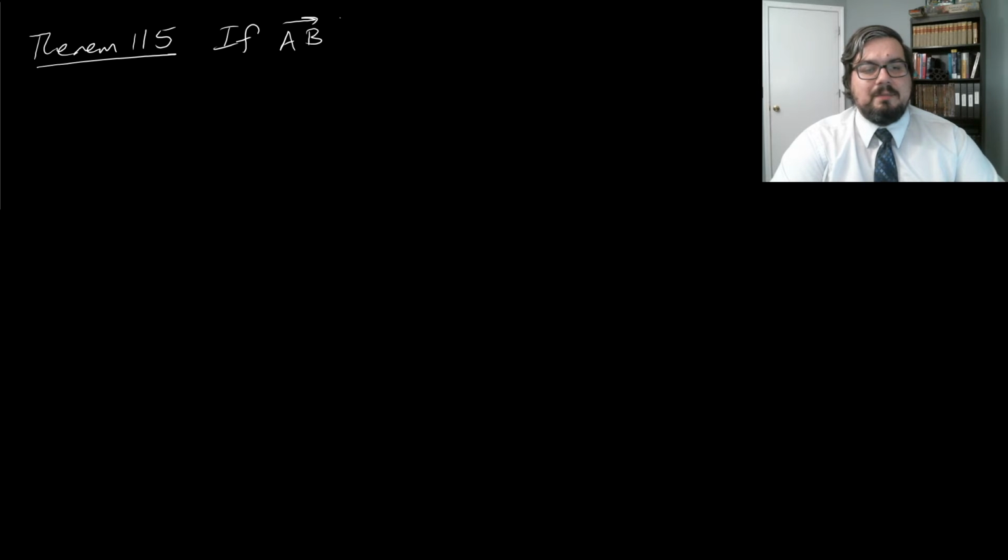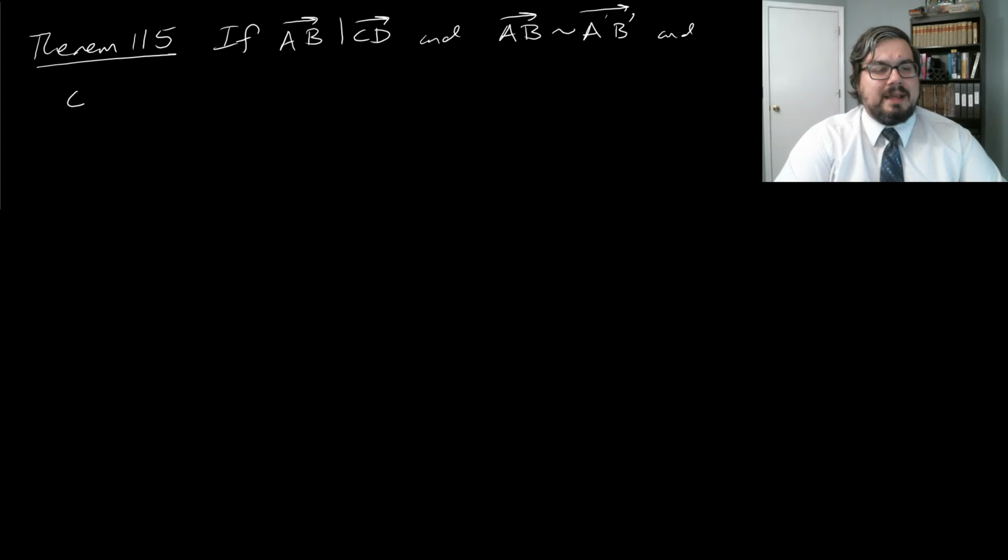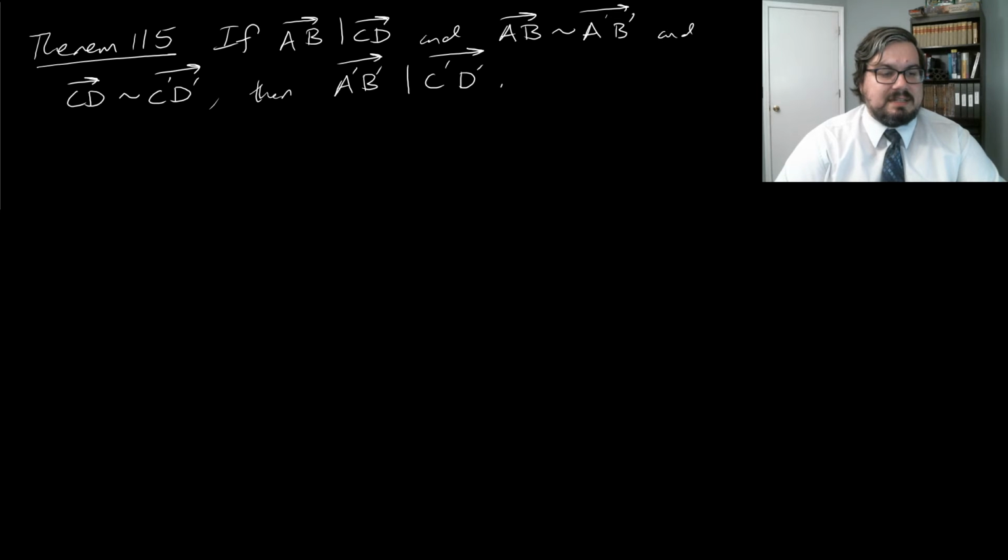If the ray AB is critically parallel to the ray CD, and the ray AB is equivalent to the ray A prime B prime, and the ray CD is equivalent to the ray C prime D prime, then the ray A prime B prime is critically parallel to the ray C prime D prime.